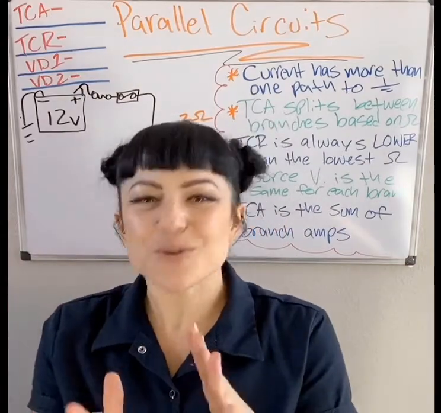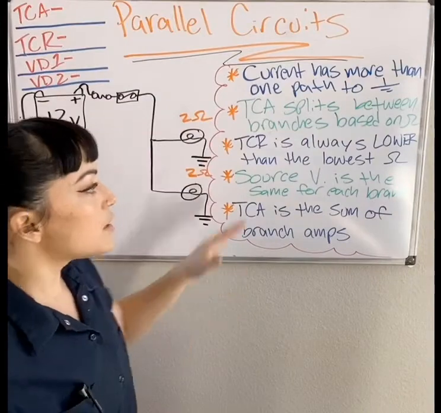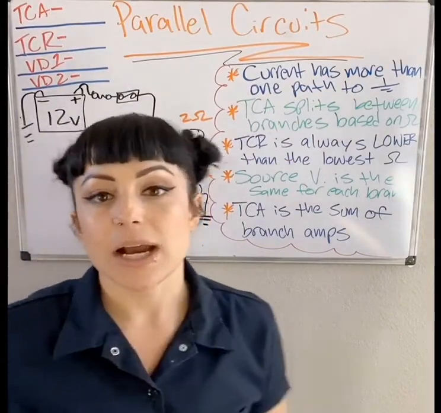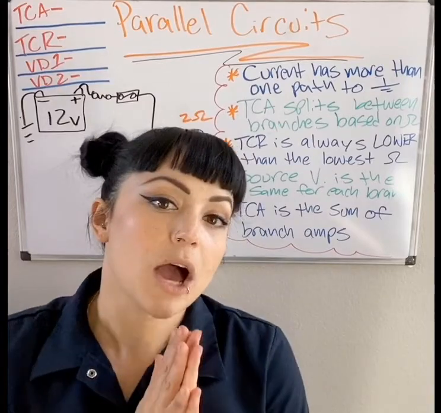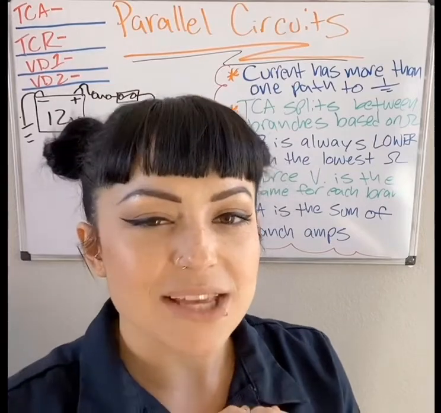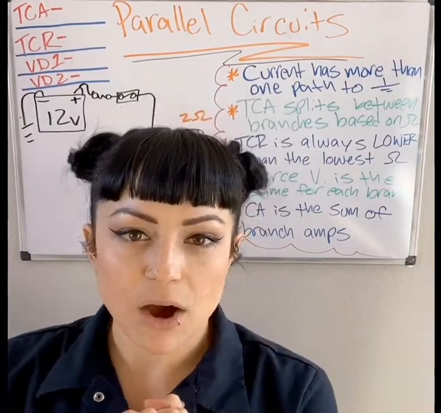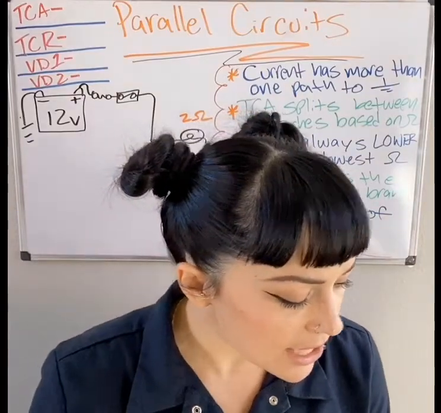I don't want to get too into it. Again, that's more for an electrical class, but TCR is always lower than the lowest resistor. Now, how are you going to find that out? Because you can't just add them up. I'm going to show you 2.5 different ways of how to figure out TCR and TCA. And let's go ahead and do that.